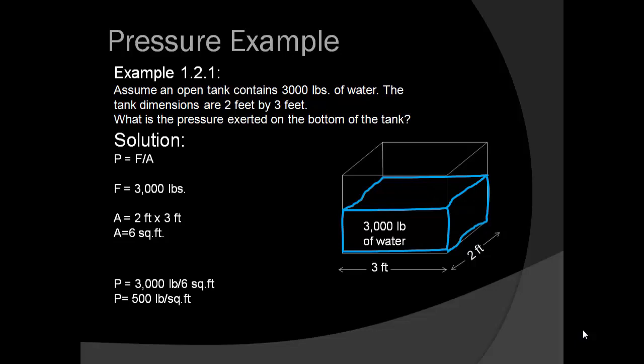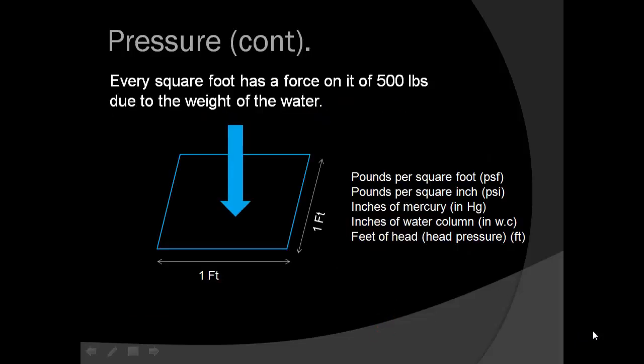Therefore, the pressure is 3,000 pounds per 6 square feet, which is the same as 500 pounds per square foot, written also as 500 PSF. Or put another way, the water in the tank exerts 500 pounds for every square foot on the bottom of the tank due to the weight of the water.